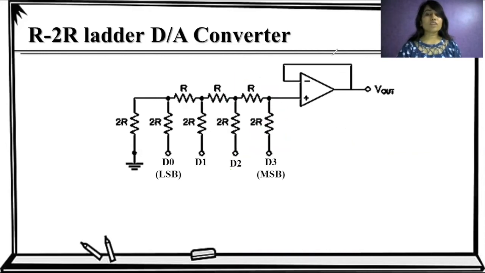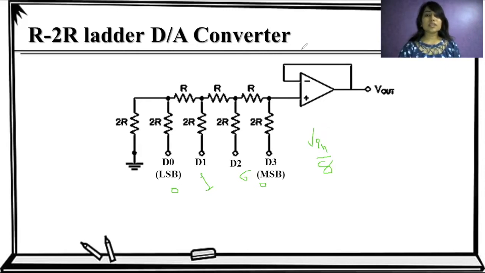Then if D1 is equal to 1 and the remaining bits are equal to 0, we have output equal to V in divided by 2 into 2 into 2, so basically 8. So for D1 equal to 1, V out is equal to V in divided by 8.